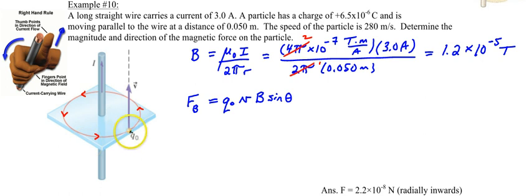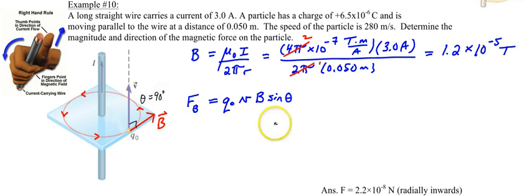So at this particular location here, the magnetic field would be tangent to the circle, so it would be pointing right along here. And now you can hopefully see that the velocity of the particle that is running parallel to the wire and the magnetic field, which is tangent to the circle here, makes an angle of 90 degrees to one another. That means that the angle theta is equal to 90 degrees.